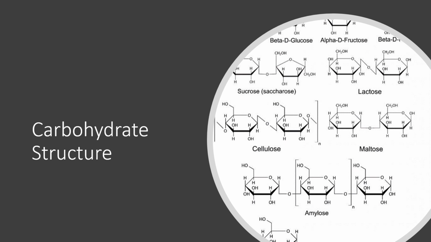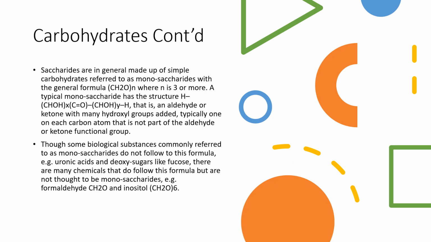Now let's consider the structure of carbohydrates. Saccharides are in general made up of simple carbohydrates referred to as monosaccharides with the general formula CH2On, where the n is 3 or more.